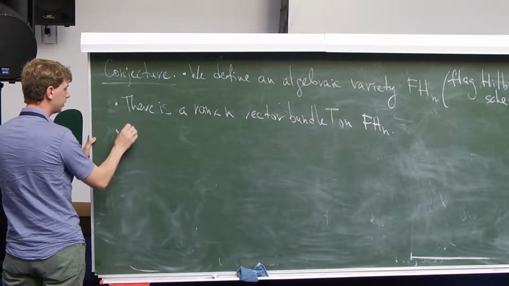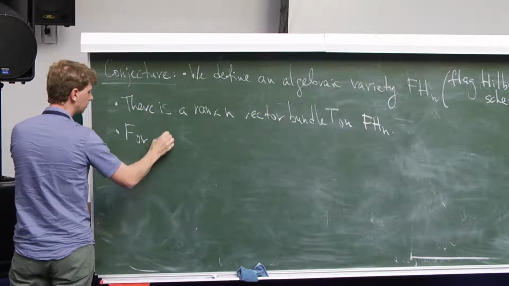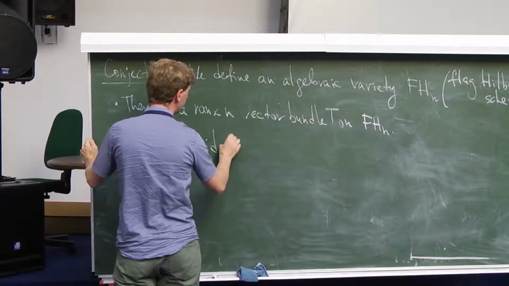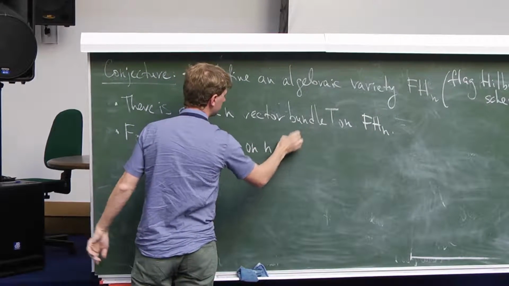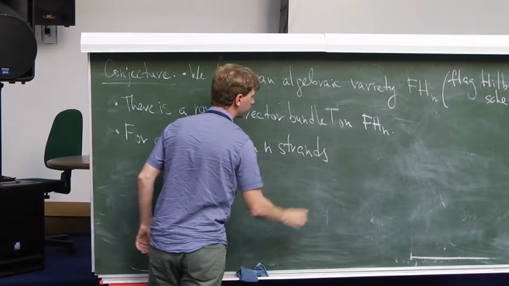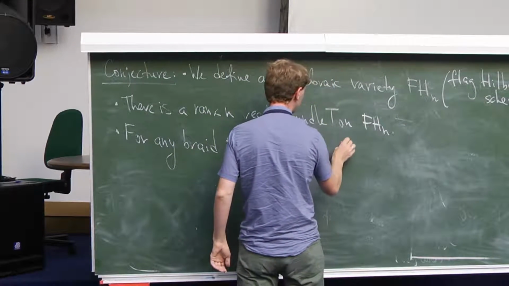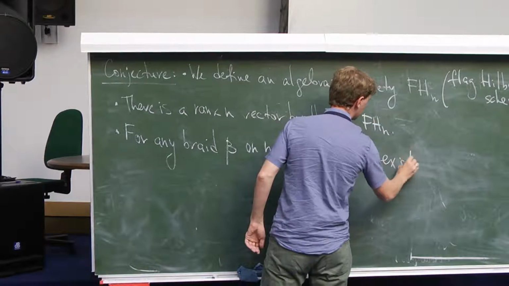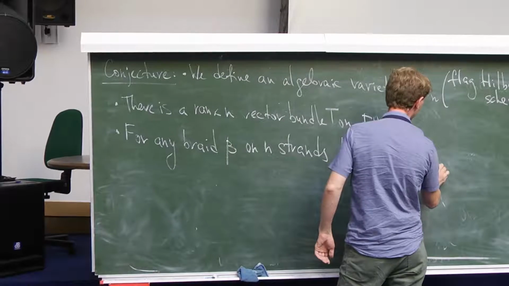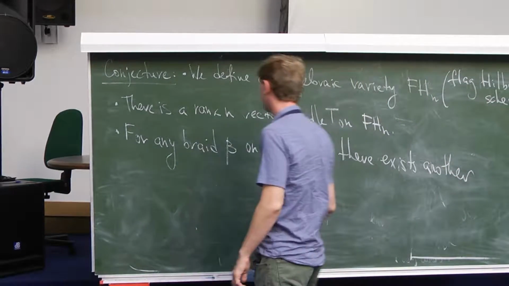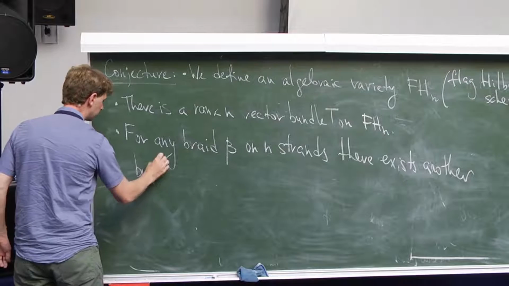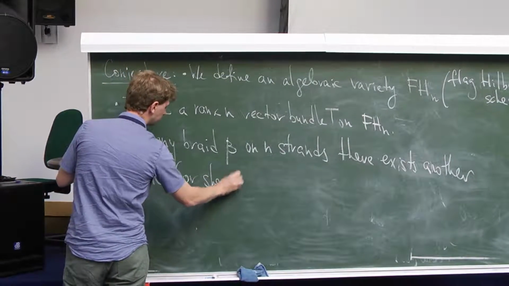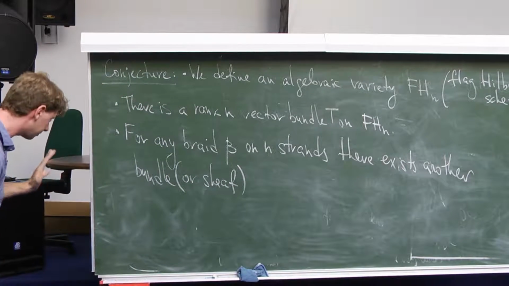And the main conjecture is that for any braid beta on n strands, there exists another bundle, or strictly speaking a sheaf or complex of sheaves, but let's not go there.